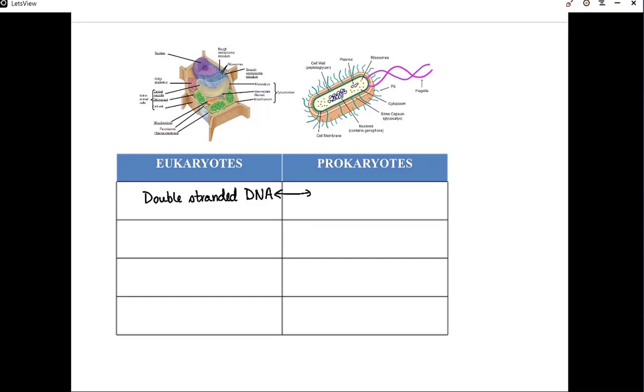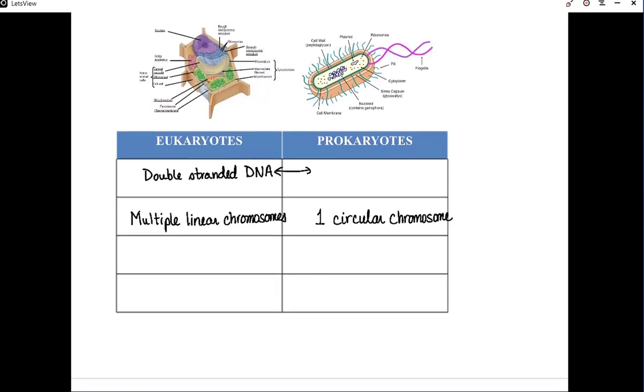Eukaryotes have multiple linear chromosomes. And again, usually these are in multiples of 2. Prokaryotes have one circular chromosome.